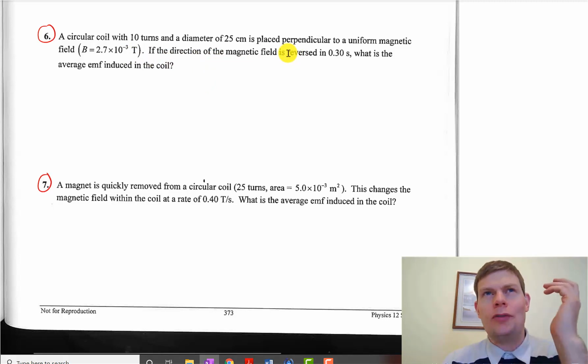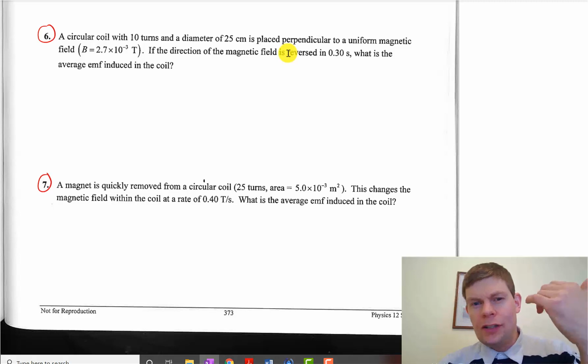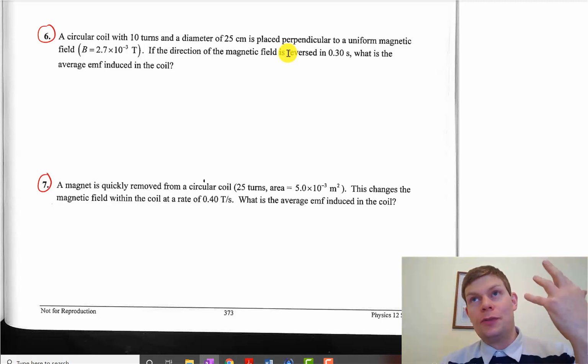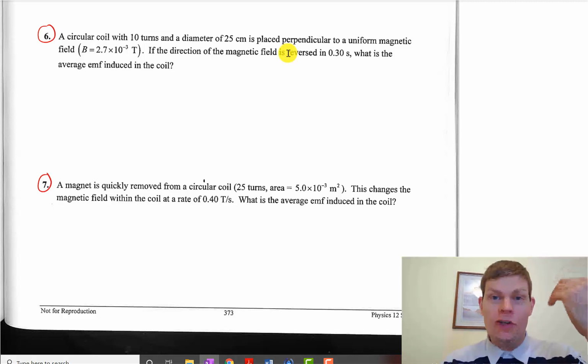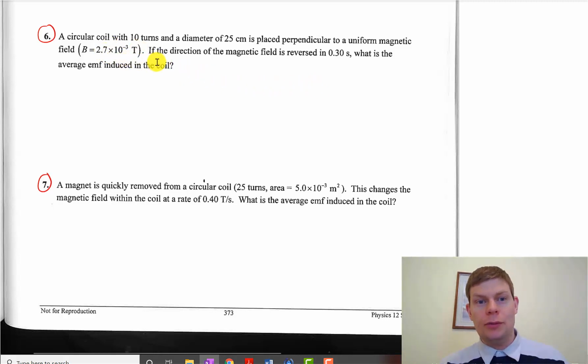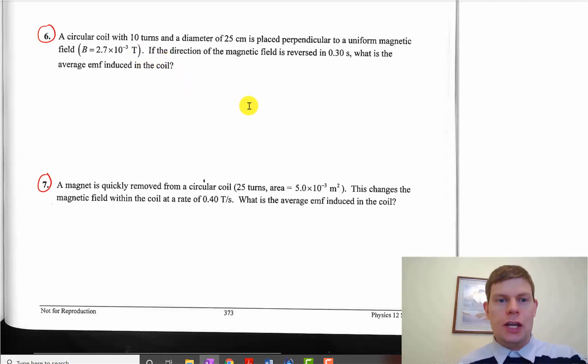It's kind of like going from 5 meters per second north to 0, where you've got a change in velocity of 5 meters per second. But if you go from 5 meters per second north to 5 meters per second south, you've got a change in velocity of 10 meters per second south. That is the kind of thing we're going to have to do here, only instead of meters per second, we're talking about Tesla meters squared, or Webers, our change in that.